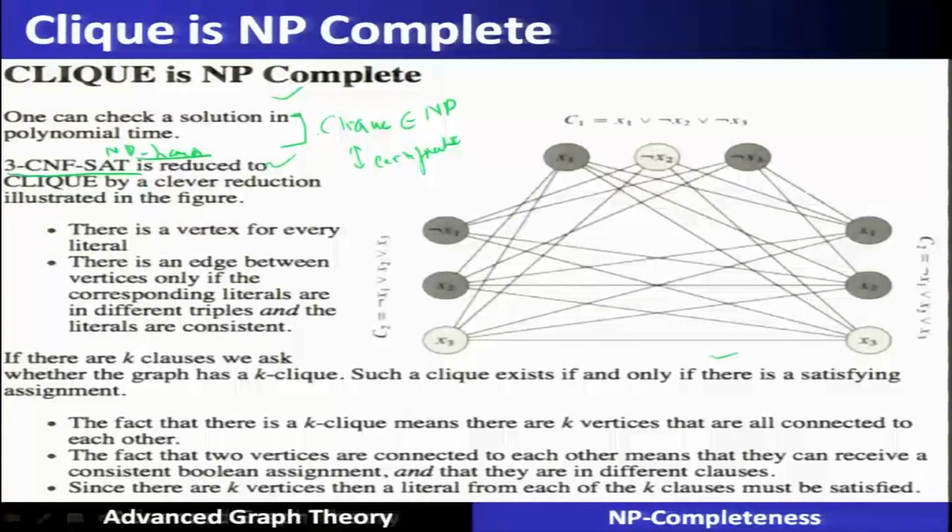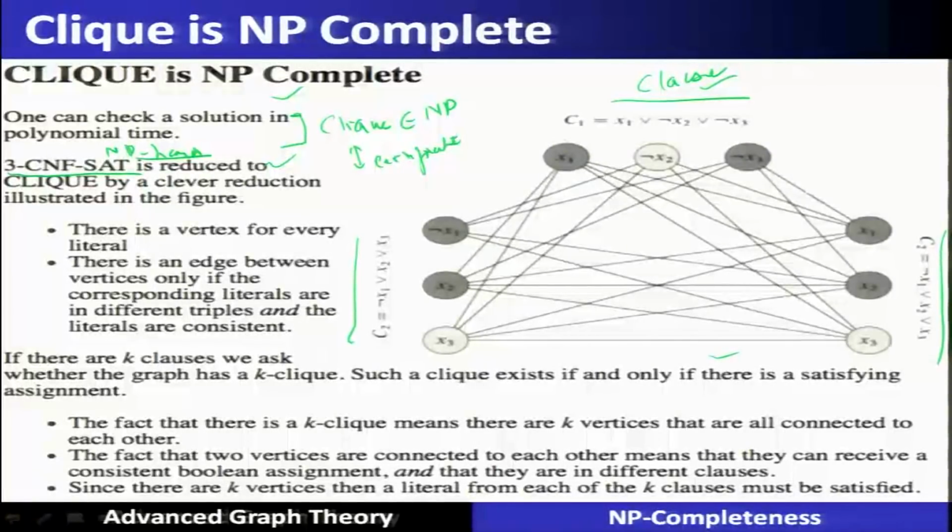of disjunctions. The disjunctions are nothing but the clauses. Let us say that it is 3 CNF, that means every clause has 3 literals: x1, not of x2 and not of x3. Similarly, clause C2 also has 3 literals and C3 also has 3 literals.